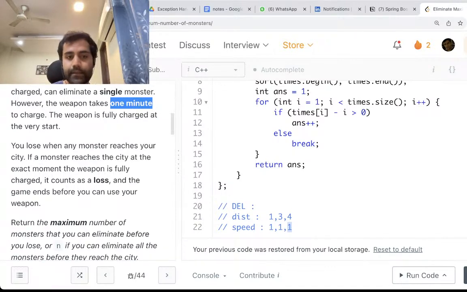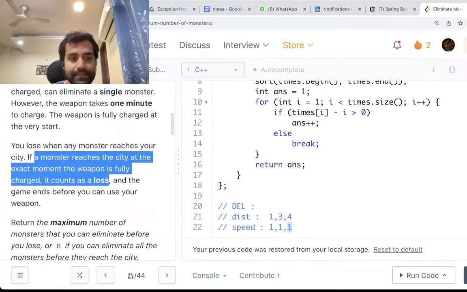It's obvious, there are n monsters approaching your city and you are killing them with your weapon, and if at any instant any monster touches your city, that means you lose the game. Now it says if a monster reaches the city at the exact moment when the weapon is fully charged, it counts as a loss. This is just an edge case scenario, but it's important to understand it.